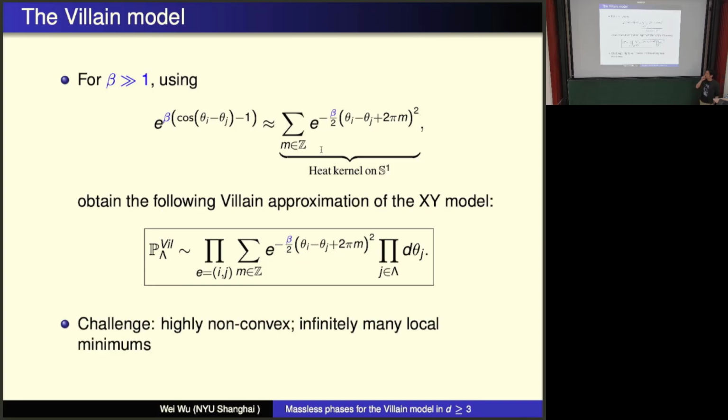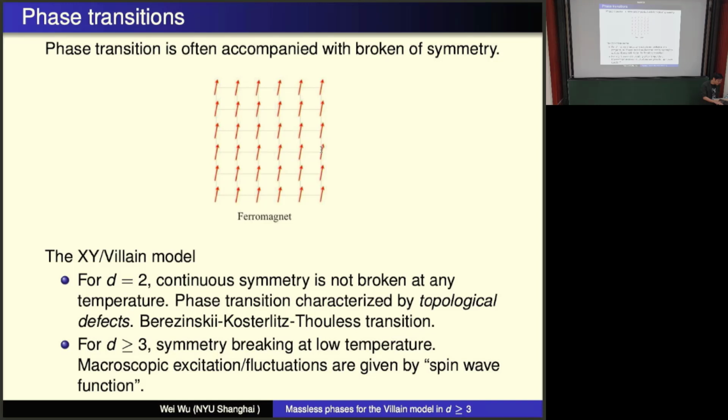Now, what do we know about these models? So in fact, the reason that XY and Villain received special attention is that they have a very special type of phase transition.